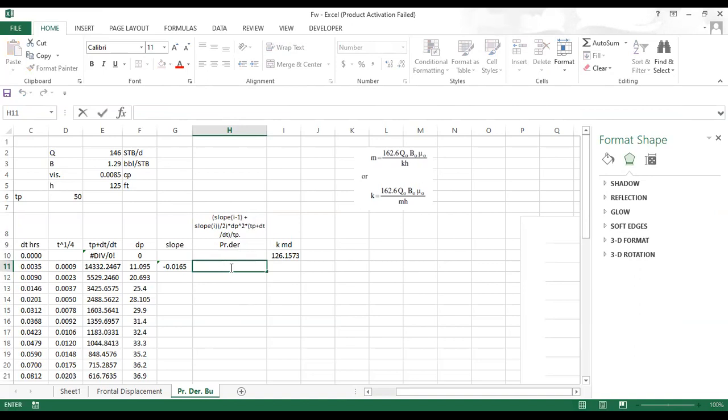So let me start estimating these values. The slope was given over here, but I need to estimate a different slope, that is not this slope, that is the slope between dp and dt.